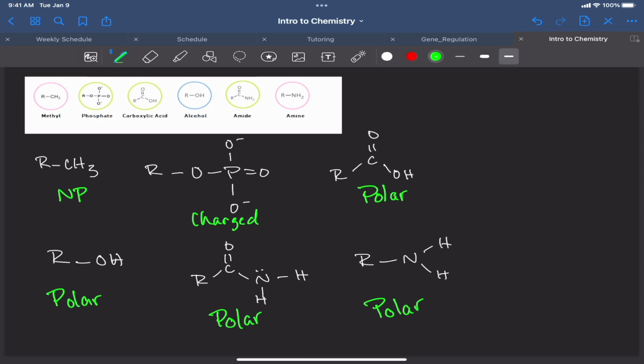That's just looking at what is there. We have polar things, the dipoles are not going to be canceling each other out, so they make an overall molecule that has, excuse me, a molecular dipole.